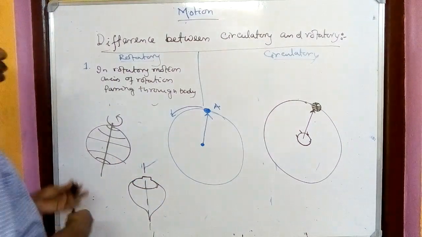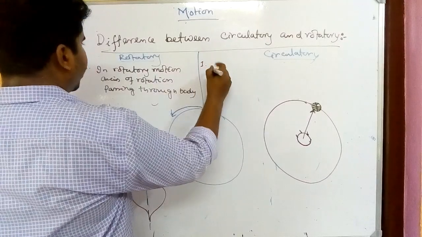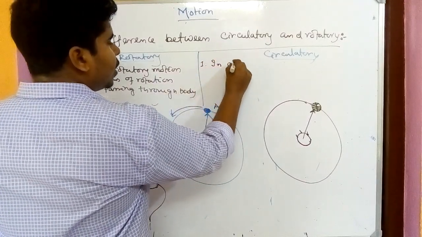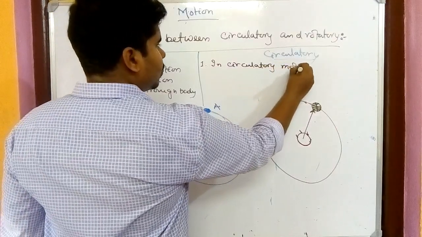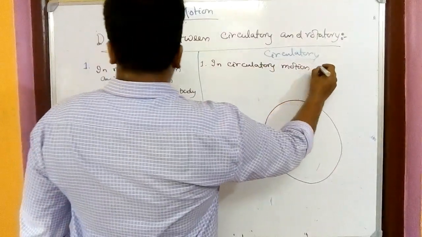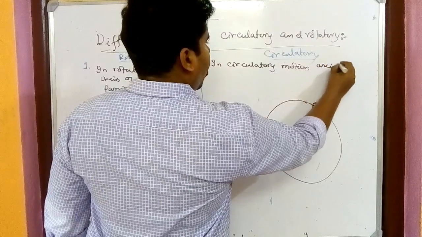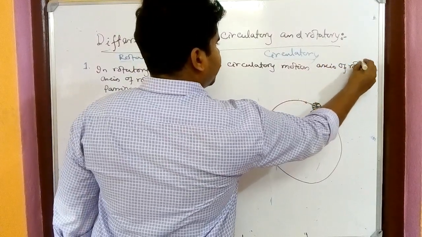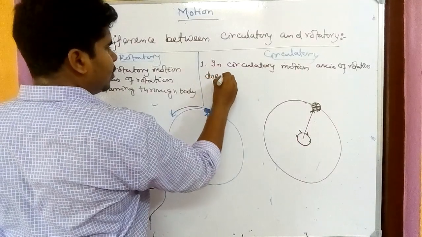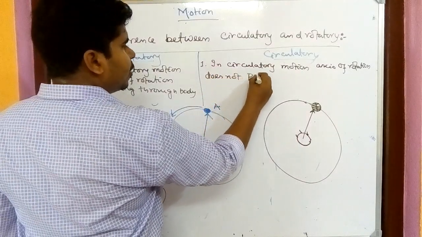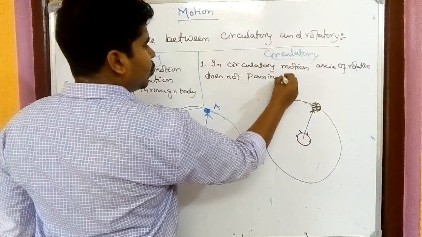But when a body moves in a circular motion, so here we can say in circulatory motion, the axis of rotation doesn't pass through the body.